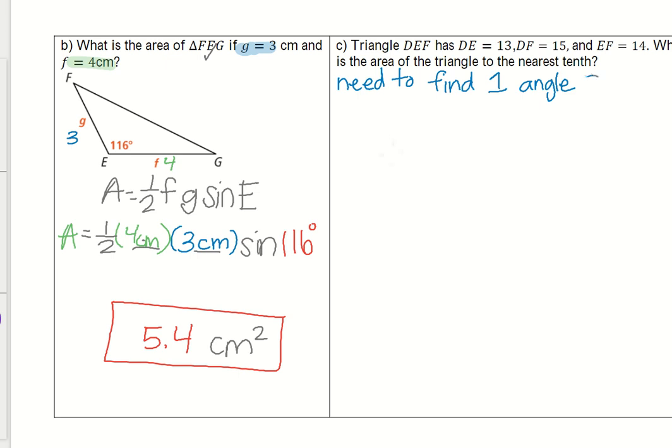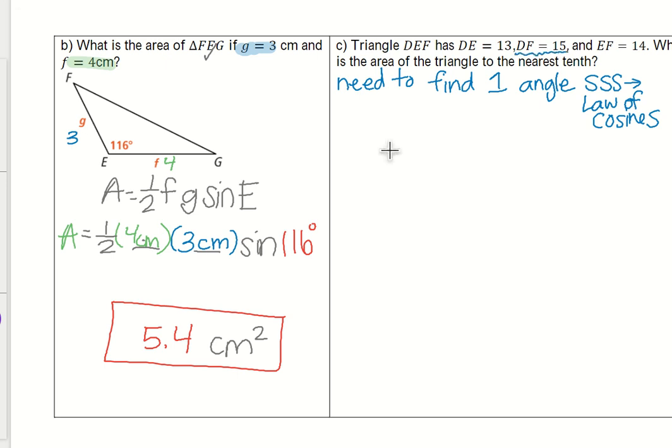If I'm given 3 sides, that means I'm going to use law of cosines. And so it doesn't matter which angle I solve for. I'm always just going to pick the biggest angle.